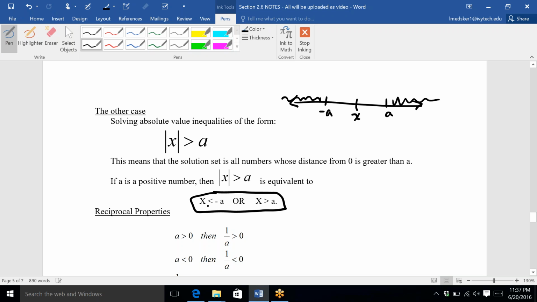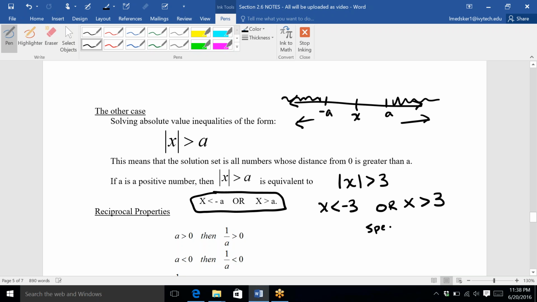You're either less than the negative direction, or you're greater than the positive direction, because you're heading in opposite ways. So for example, the absolute value of x is greater than 3. We would say either x is less than the negative option, that heads you towards negative infinity, or x is greater than the positive of that number.